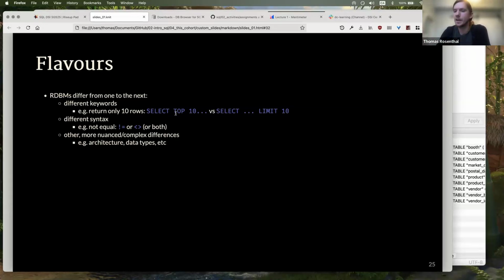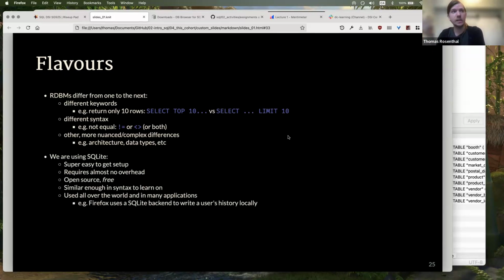There's different syntax for other things like not equals, for example, exclamation equal versus less than greater than sign. Sometimes they support both. There's also more nuanced and complex differences like architecture, data types, and things like that, which we will touch on a little bit more. So some things seem very superficial, but there are also some that are significantly different.